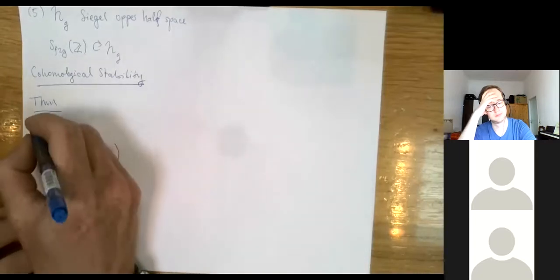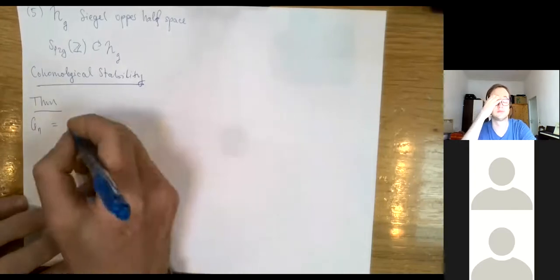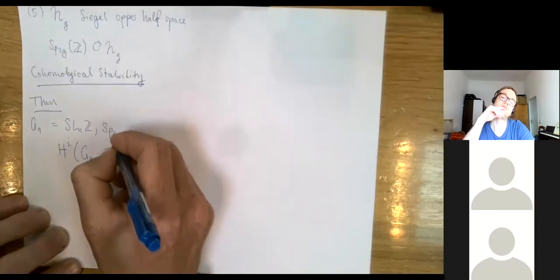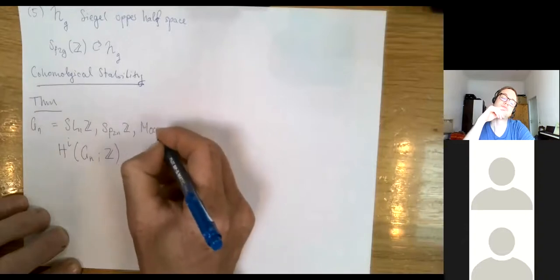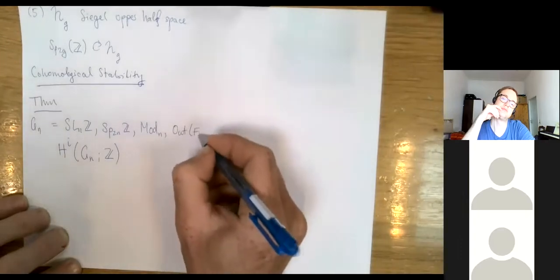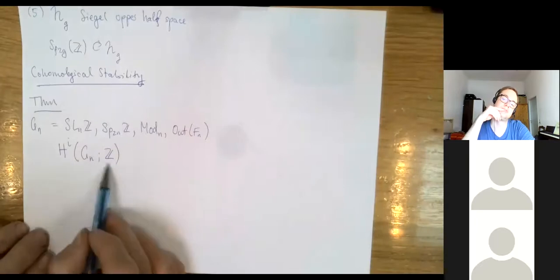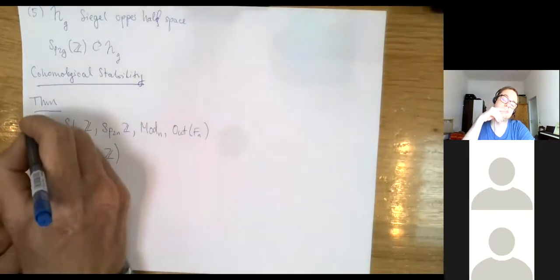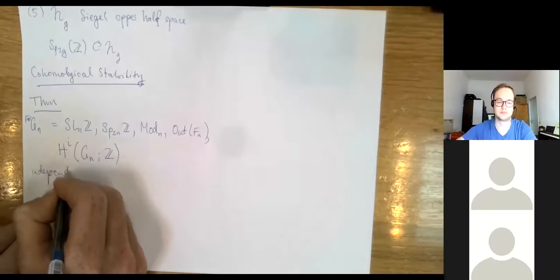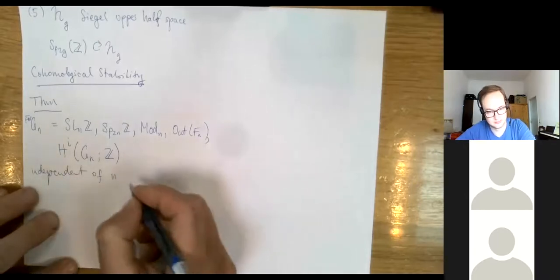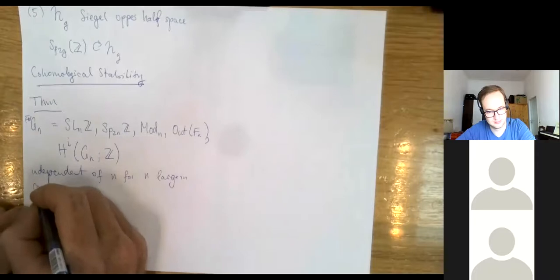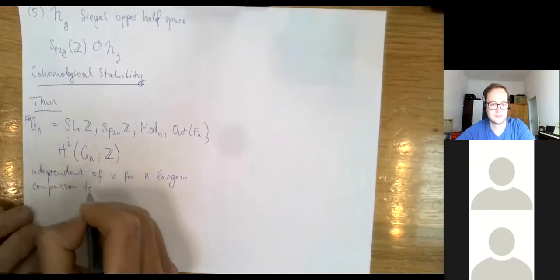So for the groups G_n, either SL_n(Z) or Sp_2n(Z), or the mapping class group of genus n, or automorphisms of F_n, these groups are independent of n for n large in comparison to i.